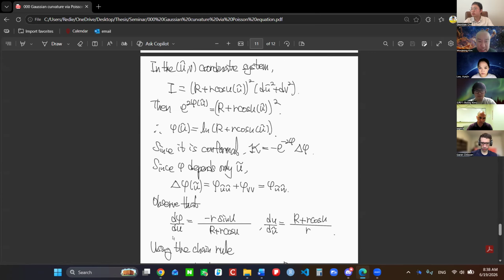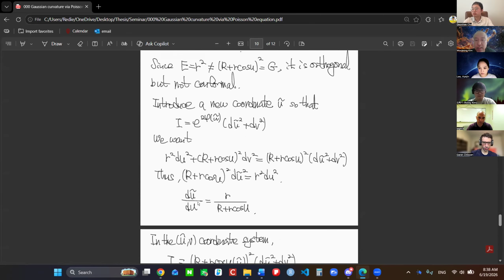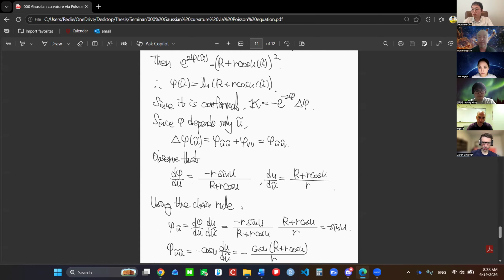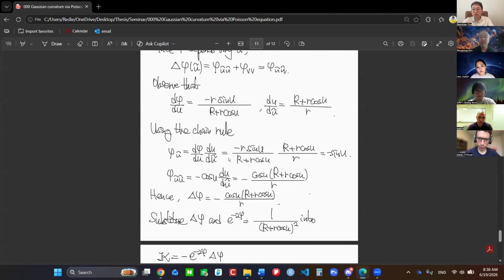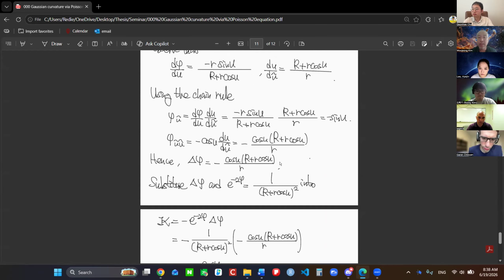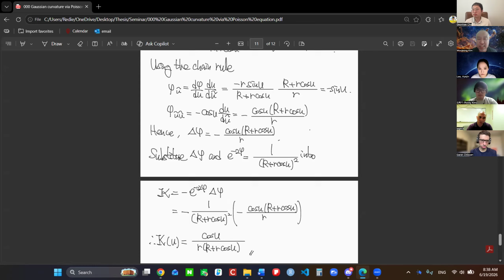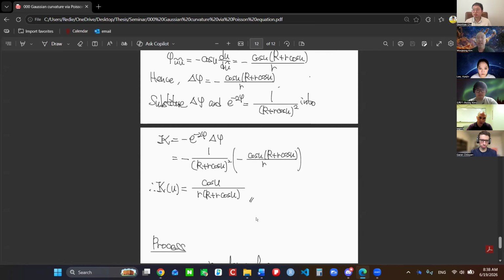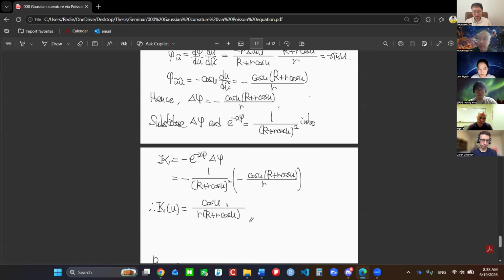So we can get the partial derivative of phi with respect to u, and take a reciprocal. Using the chain rule again, we have this Laplacian. We substitute this into the Gaussian curvature in the Poisson equation. Then we have the same Gaussian curvature as earlier.